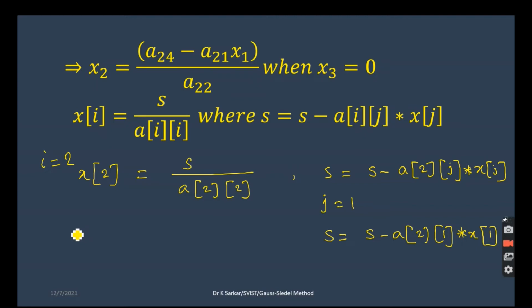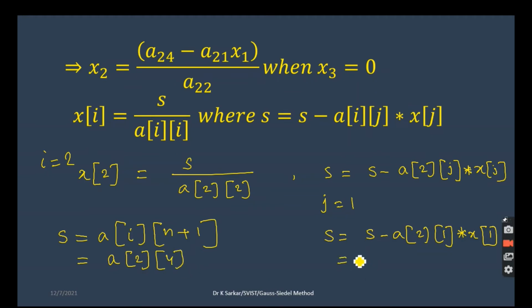So at the first iteration, while we are finding x1, s is a I, n plus 1. So in this case, what is I? I is 2, that is a2, and n plus 1, as you know, n is the order of the matrix, so 3 plus 1, that is 4. Now look, how much are you getting?